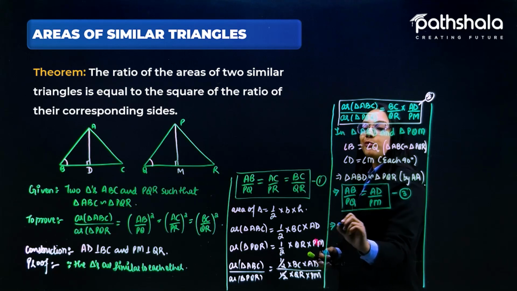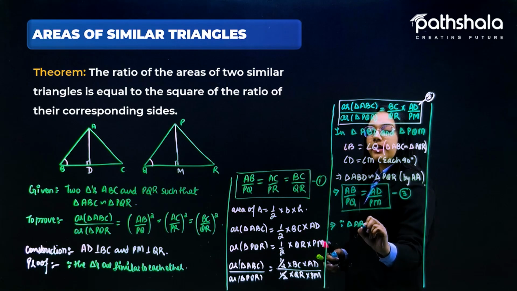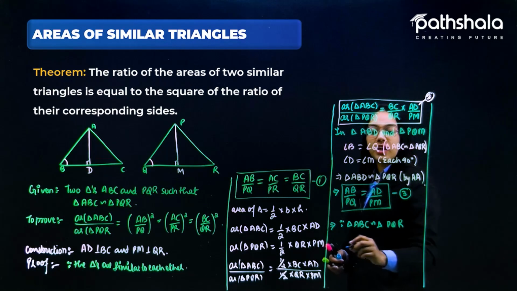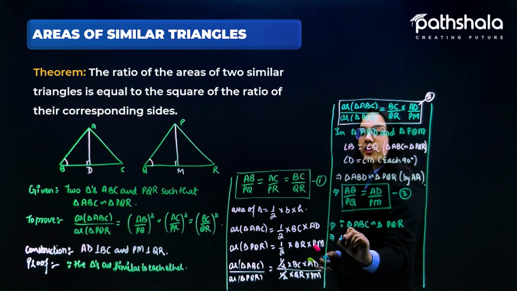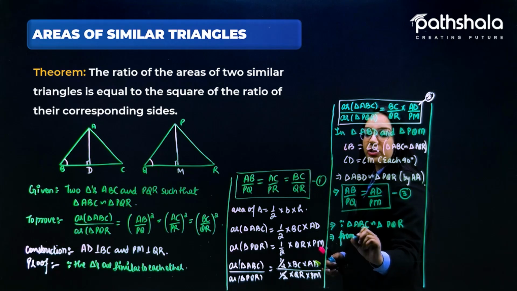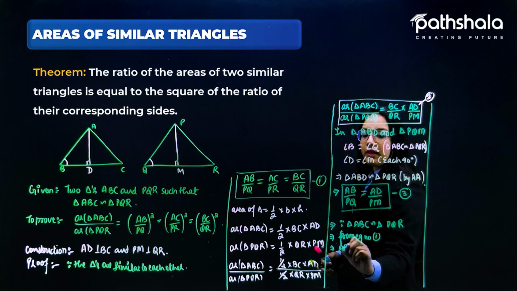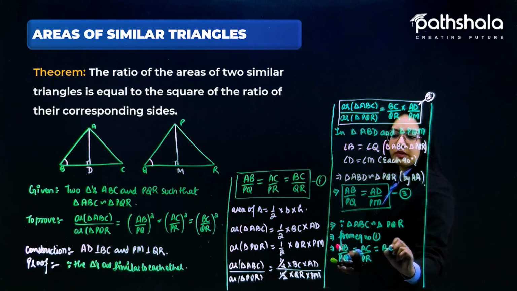Now, since we know that triangle ABC is similar to triangle PQR, from equation number 1 we know that AB by PQ is equal to AC by PR, which is equal to BC by QR.